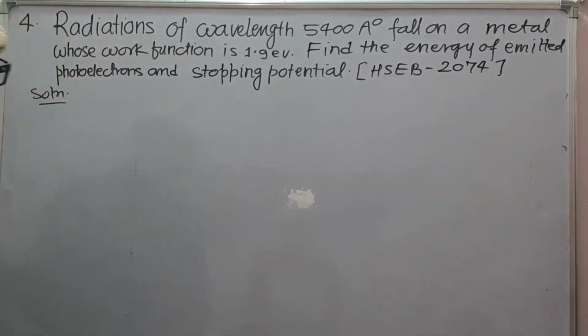Next question: Radiations of wavelength 5400 angstrom fall on a metal whose work function is 1.9 electron volt. Find the energy of emitted photoelectrons and the stopping potential.